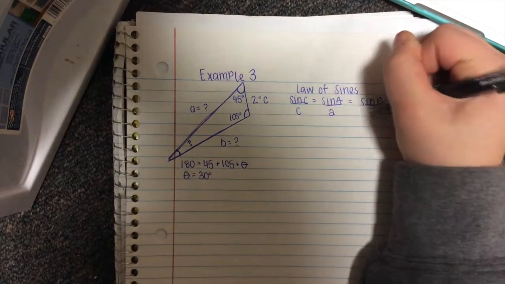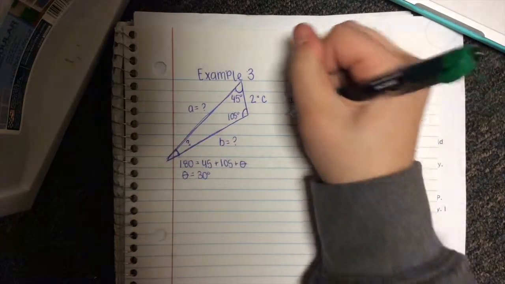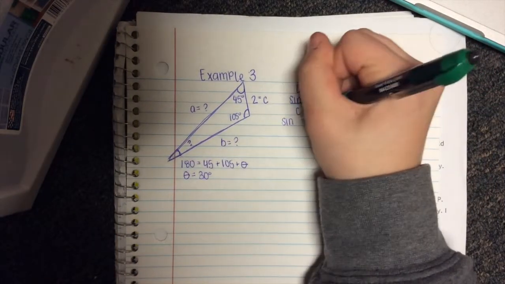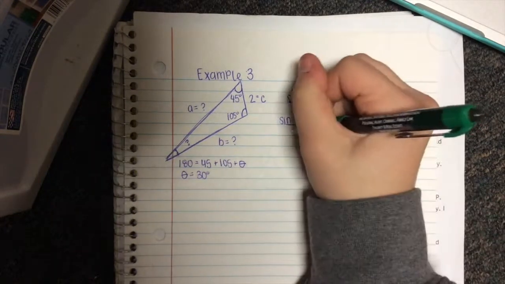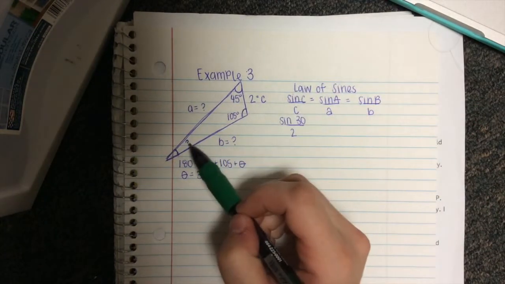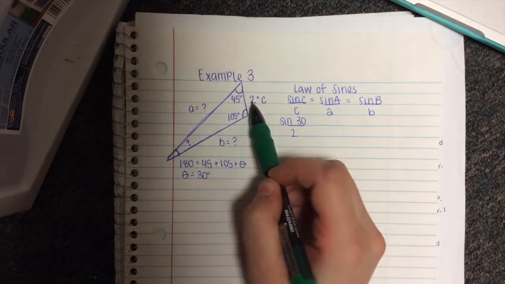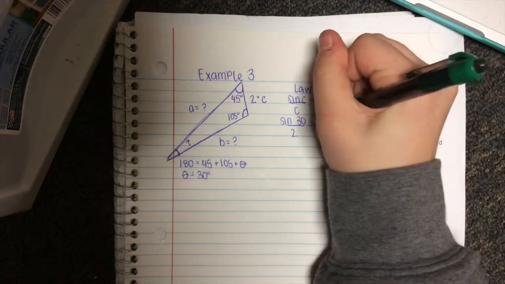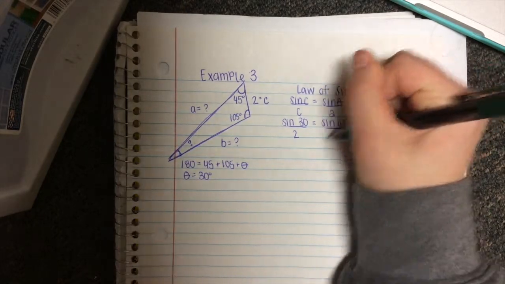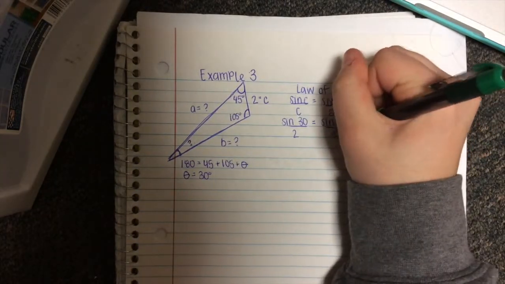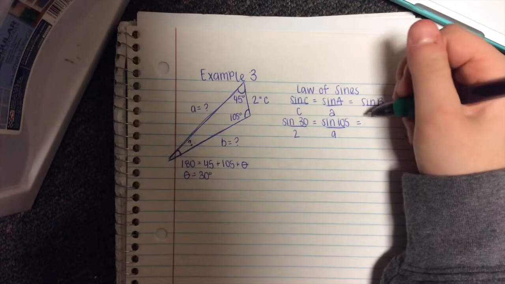The formula says that the sine of any given angle over its opposite side length is proportional to any other angle over its opposite side length. To find the remaining sides and angles, we must fill in as much of the ratios as we can, cross-multiply, and solve for the unknown variables.